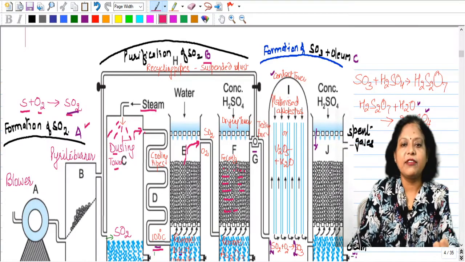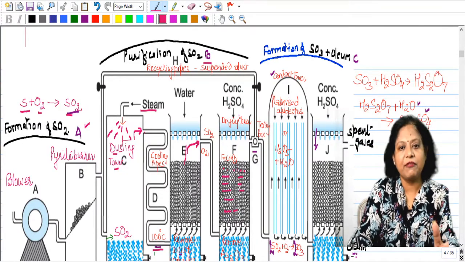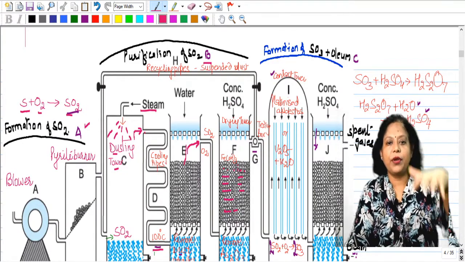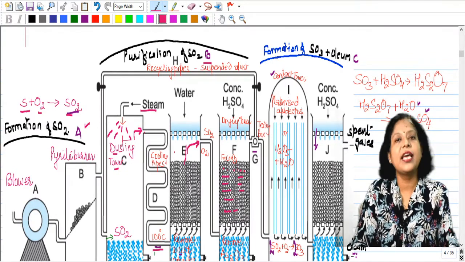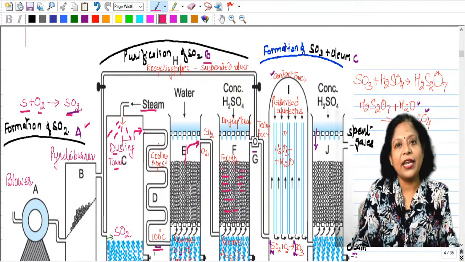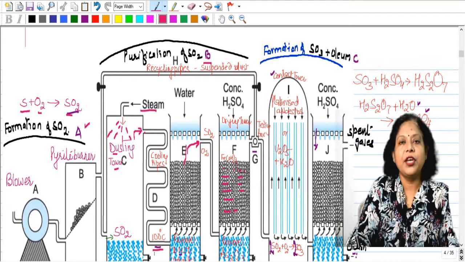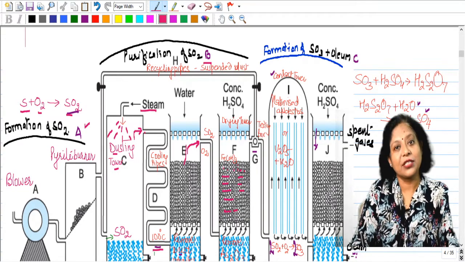Now, after passing through ferric hydroxide, there is concentrated sulfuric acid also, which is pouring from the top, because the sulfur dioxide is passing through steam, so it is already having water. So here we remove the water. So water is also removed and arsenic oxide is removed.